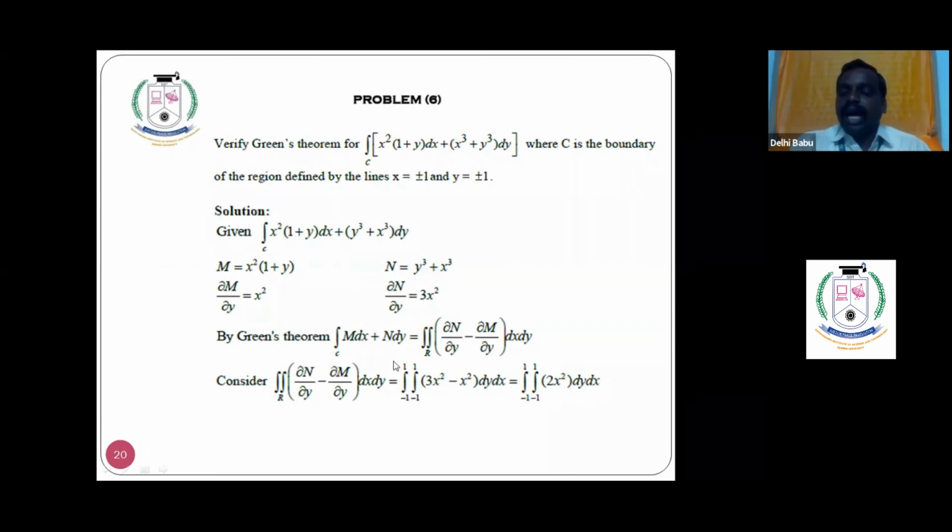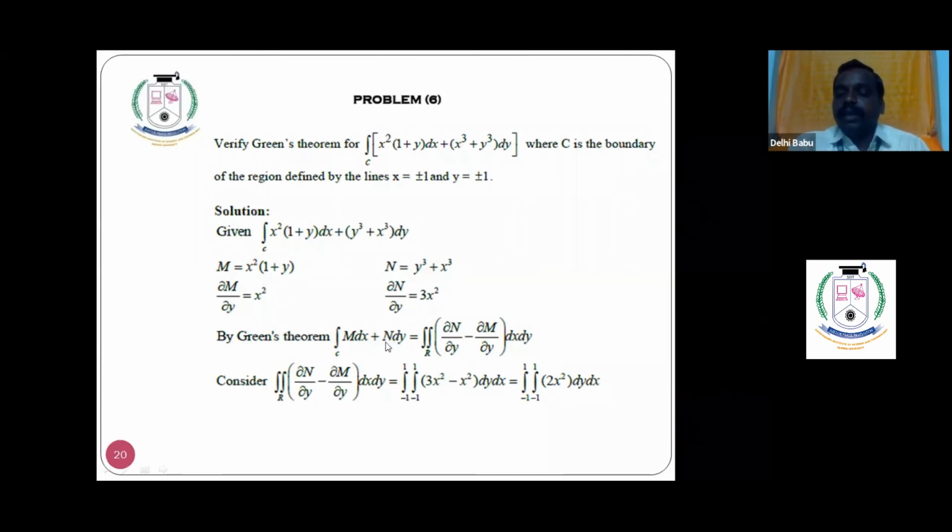Double integral over R dou n by dou x minus dou m by dou y into dx dy. So compare the problem with your equation. Here dx coefficient is x square into 1 plus y. In the Green's theorem formula, your dx coefficient is m. So compare m equal to x square into 1 plus y.